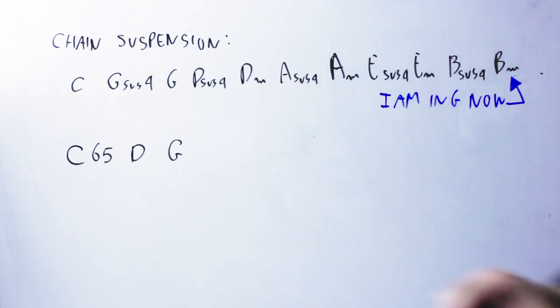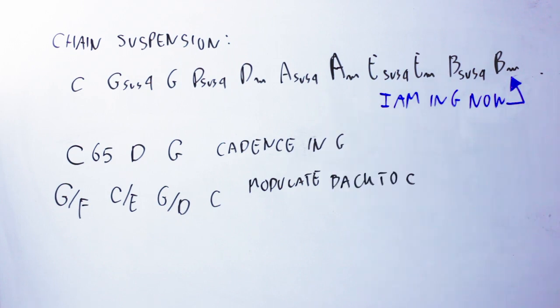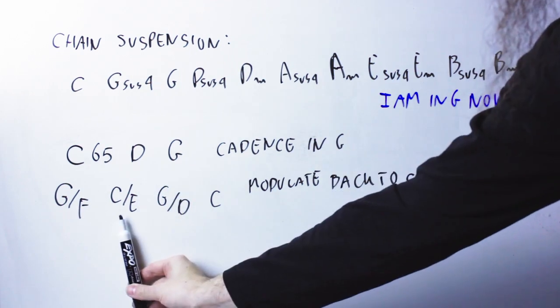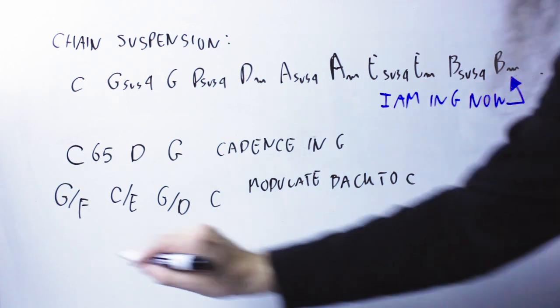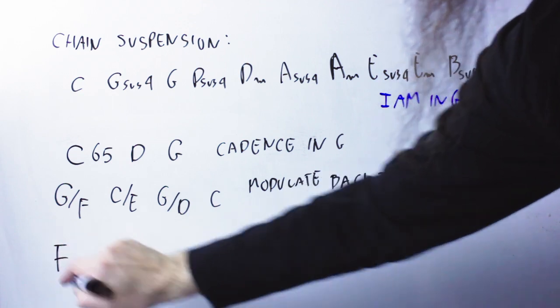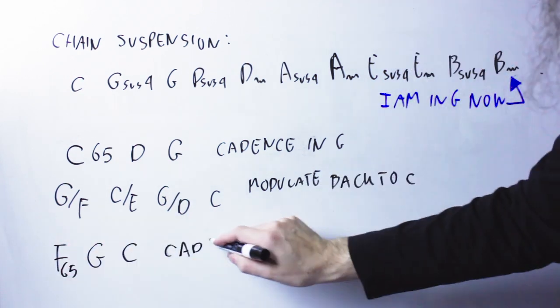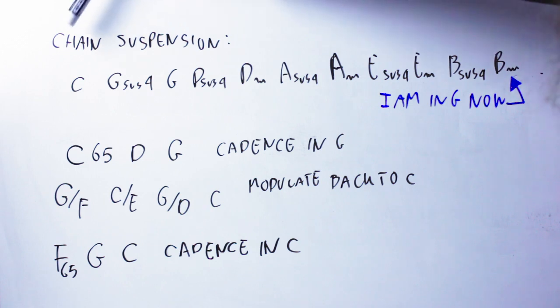And maybe then modulate back from G major, which is this is G major, so something like this. Nothing really complex, essentially. It's a super basic modulation from G major to C major. So if you want to play this whole thing as a little piece, you will start with our chain suspension.